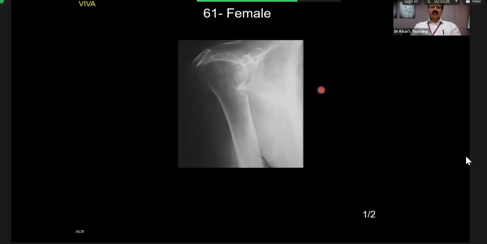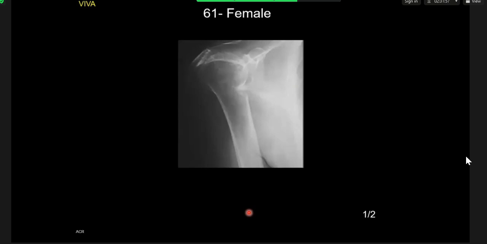So if you can please tackle this film, a very, very good FRCR-2B film, though the quality is slightly suboptimal, but it's a very good film. Over to you. Right. So this is a frontal radiograph of the right shoulder of a 61-year-old female, showing marked deformity of the right shoulder joint.